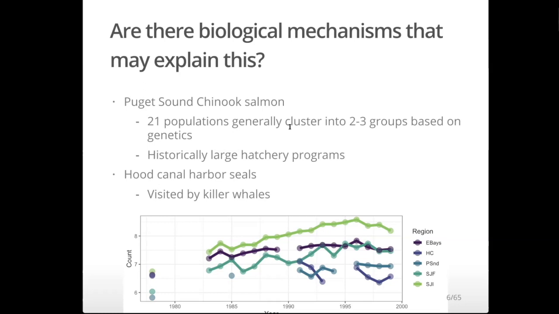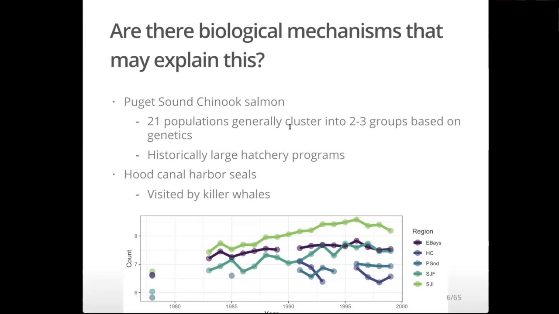But we can think about including spatial information in terms of modeling the similarity in their dynamics. But in addition to the spatial information, there's other factors that contribute to their synchrony. One of those might be the genetic similarity of the populations, which has largely been driven historically by these large hatchery programs, for example.